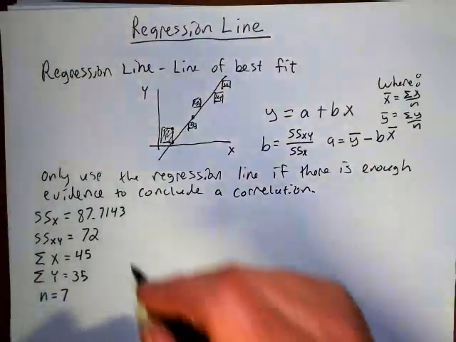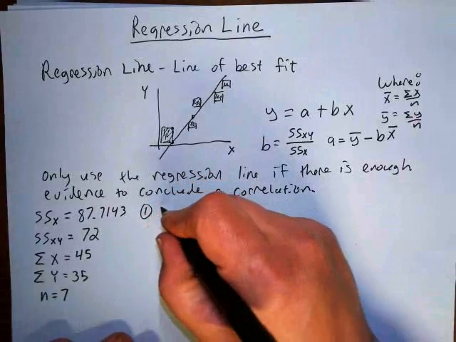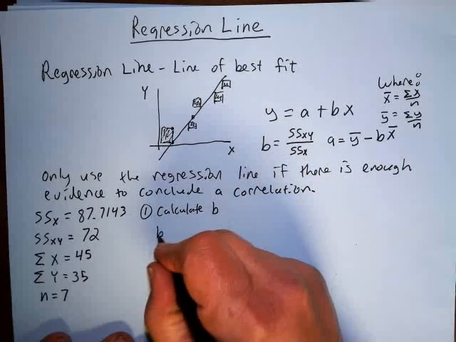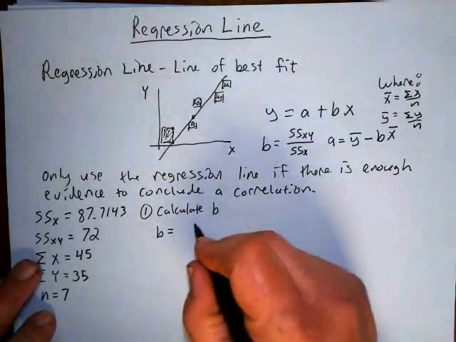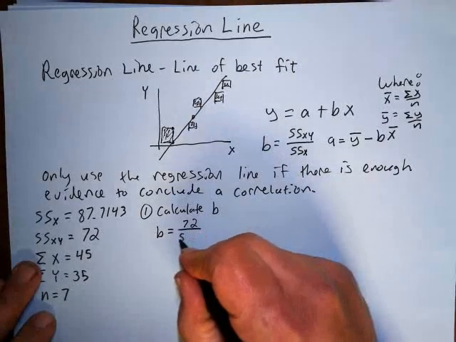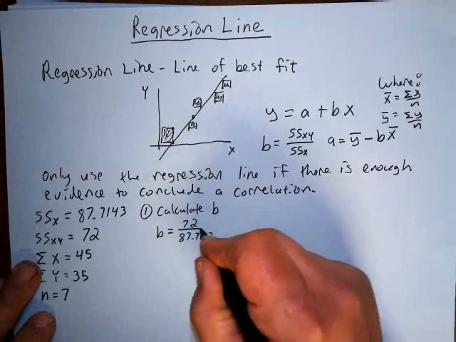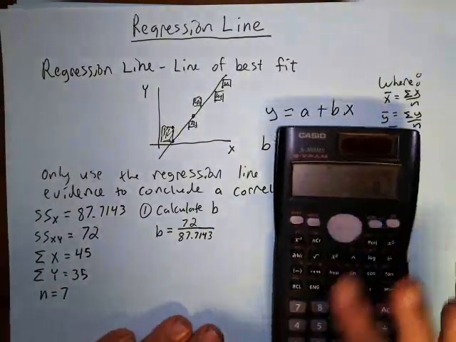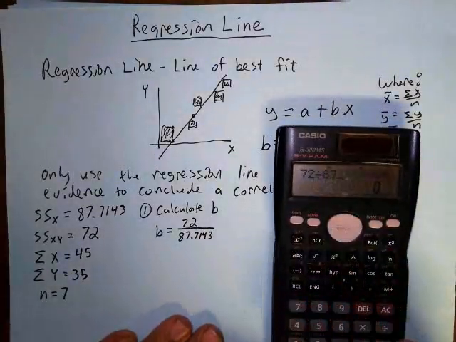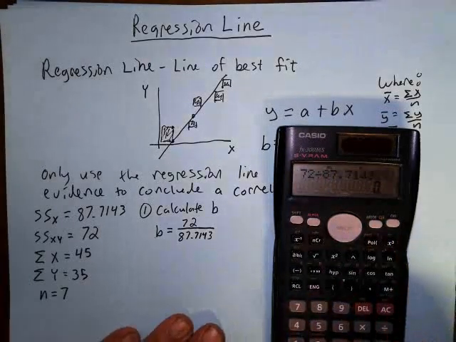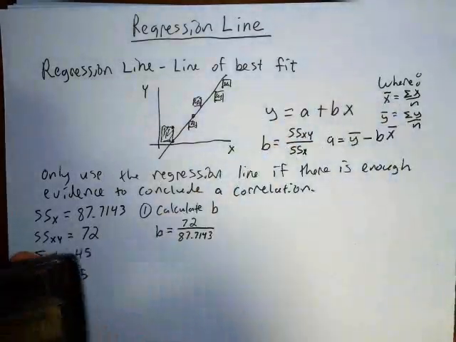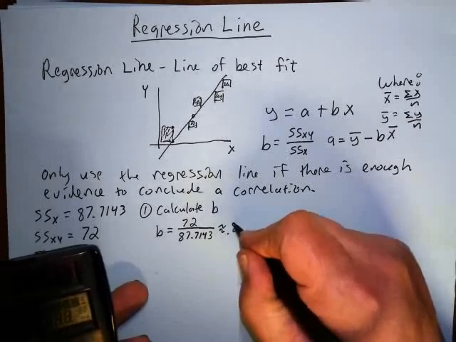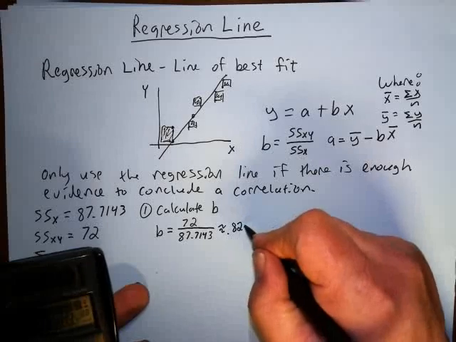So now I'm going to break this down into 4 steps. Step 1 is calculate the B. So B is going to be equal to 72 over 87.7143, and that's going to give me my B. So 72 divided by 87.7143, and I get 0.821.